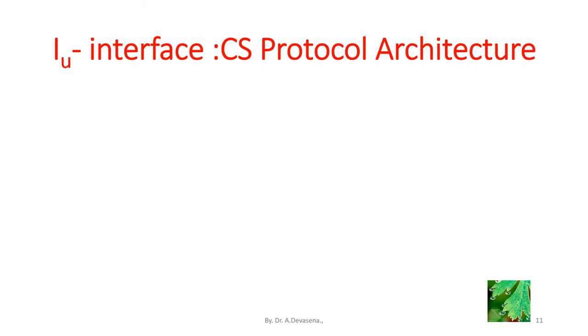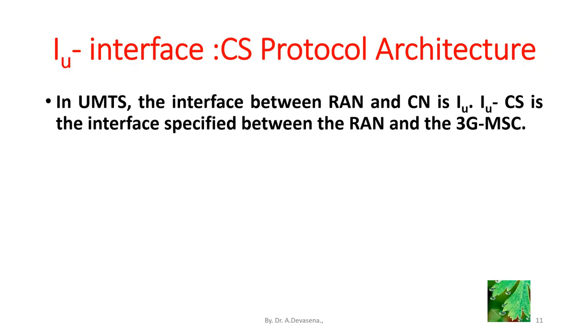IU interface CS protocol architecture. In UMTS, the interface between RAN and CN is IU. IUCS is the interface specified between the RAN, that is Radio Access Network, and the 3G MSC.